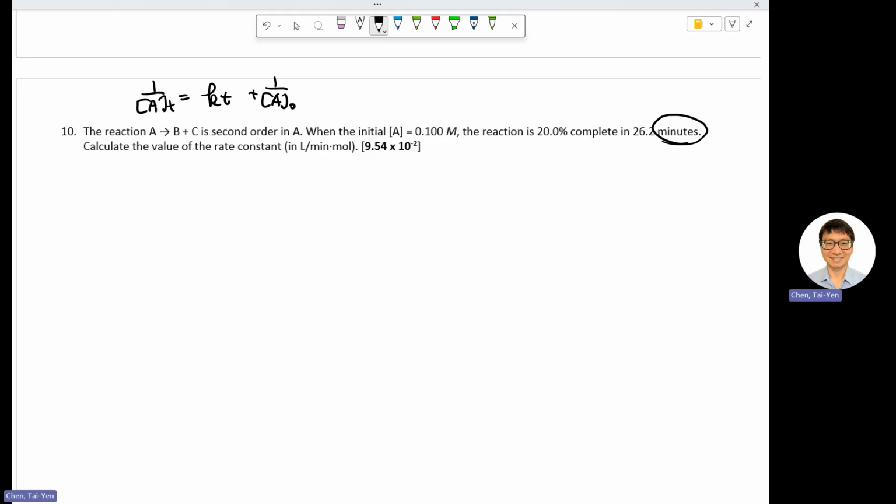Okay, once you have these things figured out, then we can be more focused and go back to our QE pack, right? What's your Q? What is the thing you're looking for? Rate constant K, right? Data. You know your A0 equals 0.1 M, right?